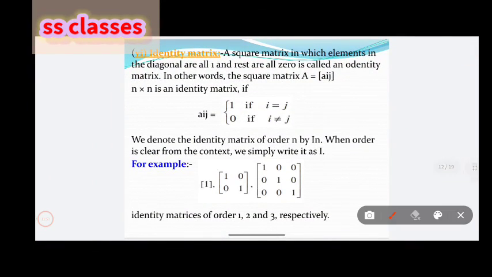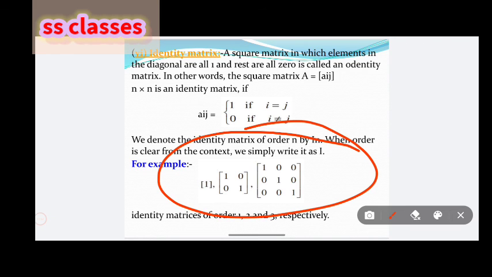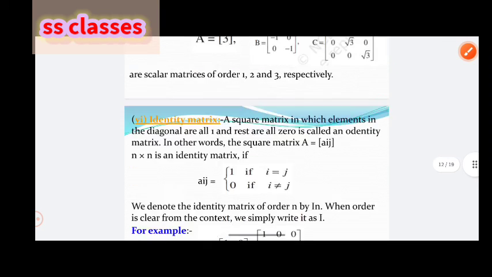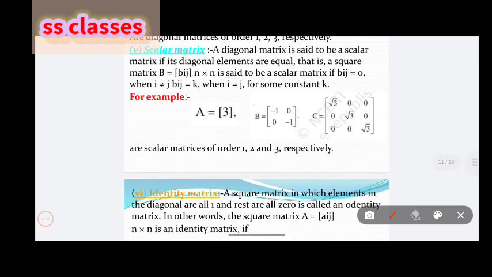See this array: it is a rectangular array with only 1 on the diagonal. This is called the identity matrix, that means the unit matrix. An identity matrix is always a scalar matrix, but a scalar matrix is not always an identity matrix, because its diagonal has the same elements but not necessarily 1.